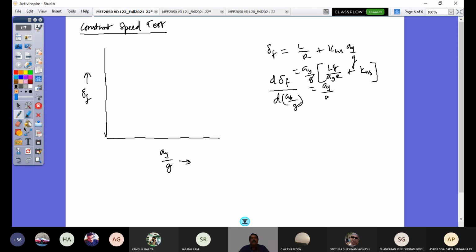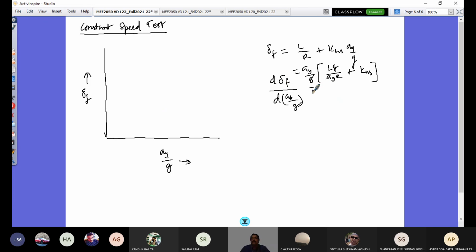So here I would be having this AY by G. If I differentiate this, there's no AY here, so I take AY by G out. AY is U squared by R, so I would have this U squared by R, and R goes.